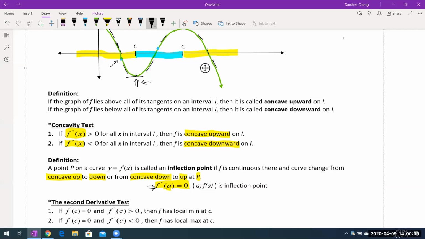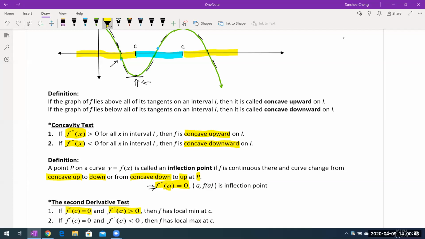So what the second derivative test basically talks about is this. At a critical number, that means f prime of C is equal to 0, and that critical number is inside the concave up region.